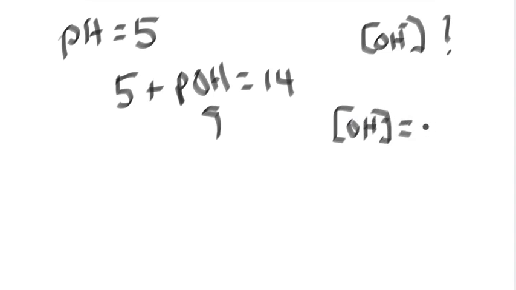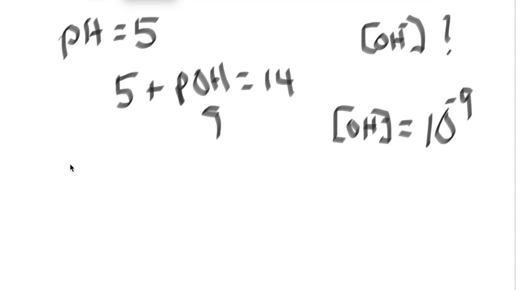It's just 10 to the negative pOH, so 10 to the negative 9, and you're done. If you know the pH to be 5, you can quickly determine the OH concentration: just figure out what the pOH is, and take 10 to the negative pOH.